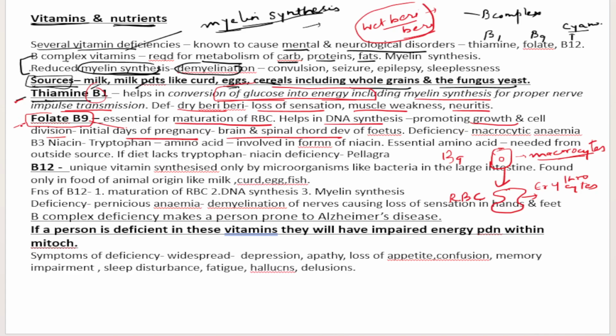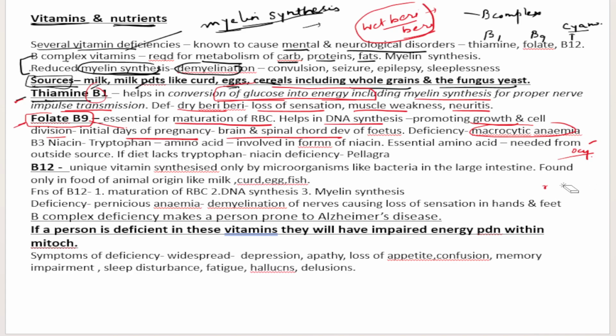And deficiency of vitamin B9 can cause macrocytic anemia. It means that if B9 is deficient, then RBCs will not mature. RBCs will remain in their primitive form called macrocytes, and these macrocytes have a shorter lifespan than mature RBCs. So because of this, there will be an RBC deficiency. This is known as macrocytic anemia.